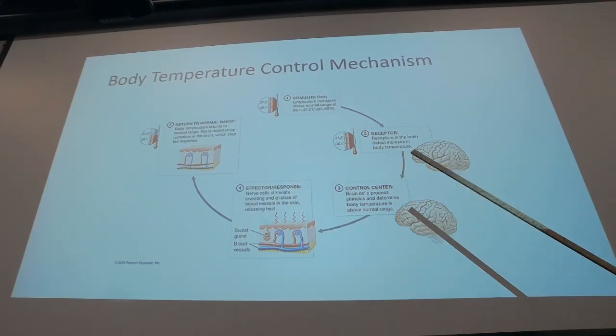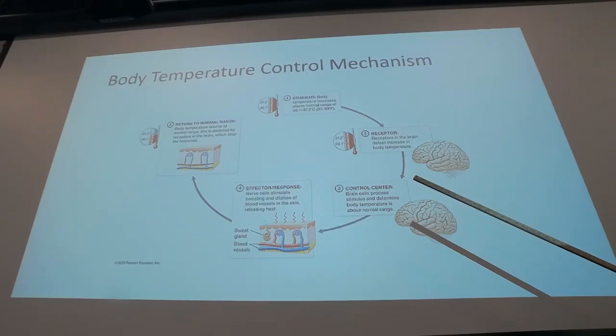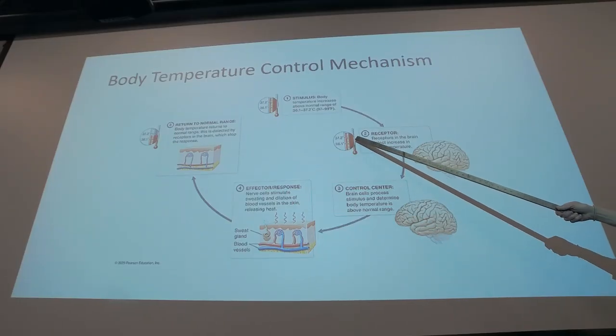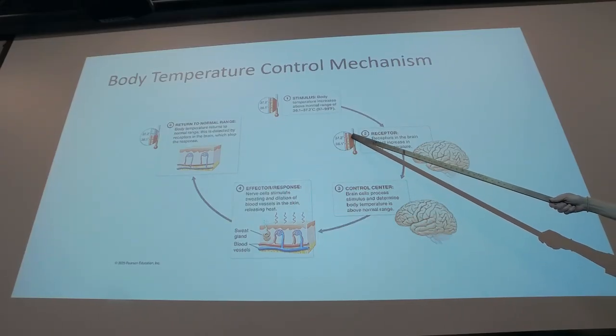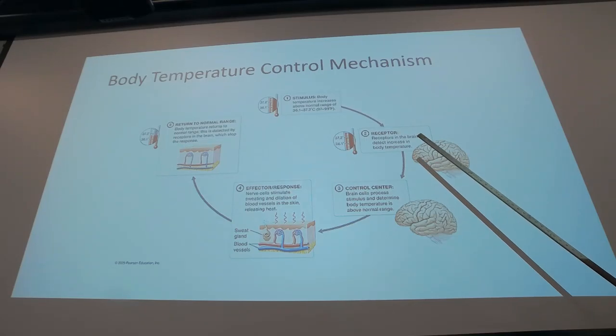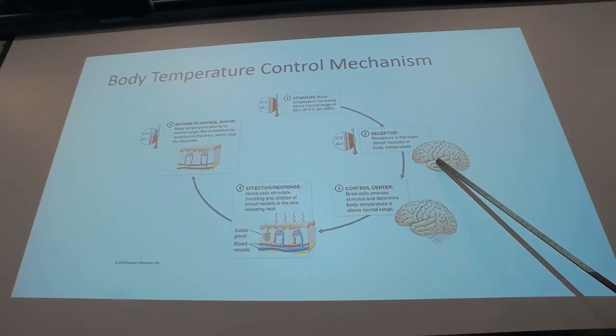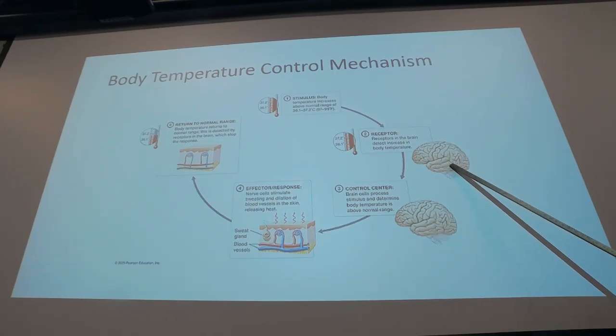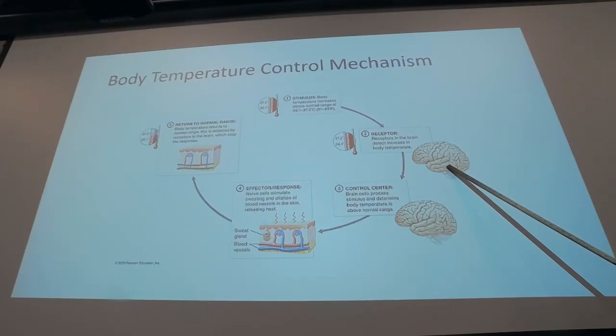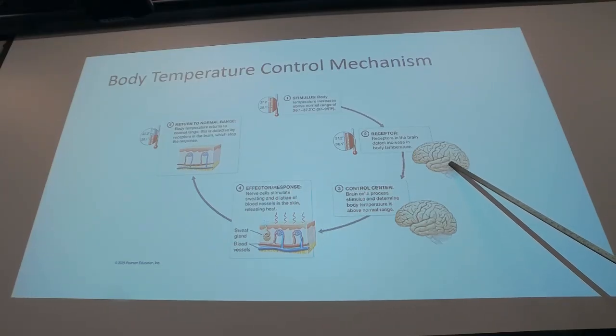That's the normal body temperature. But let's say that someone has an increased body temperature, so it goes above 37.2. Well, we have receptors in the brain, in the hypothalamus, a region of the brain that is in charge of regulating body temperature, that can sense when the temperature goes up.